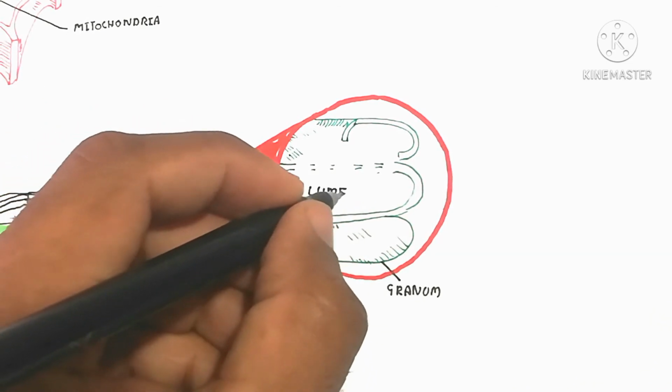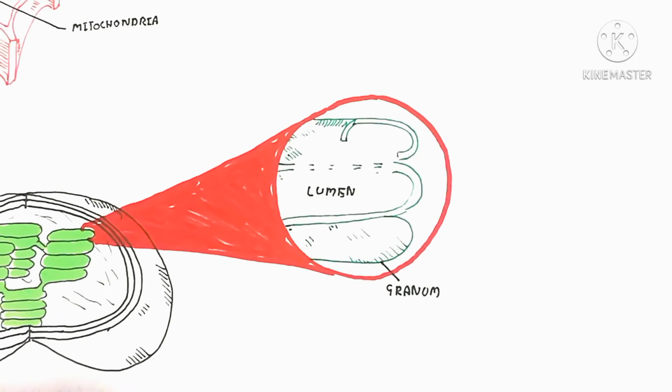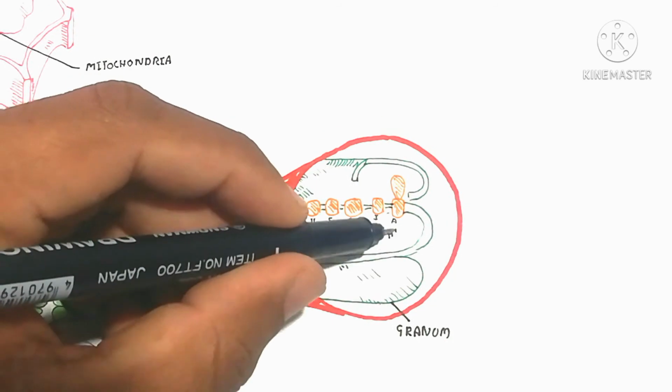Here I am drawing the thylakoid membranes and thylakoid granum. Three granum together are known as grana.